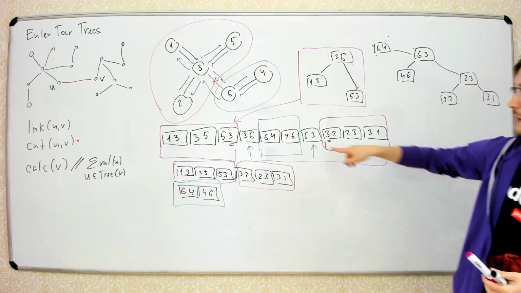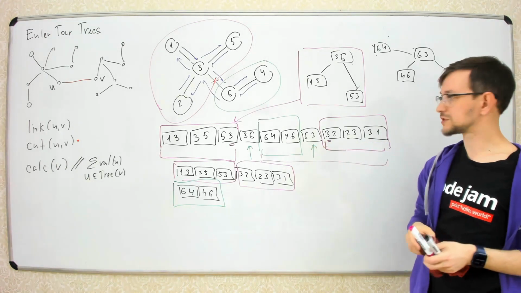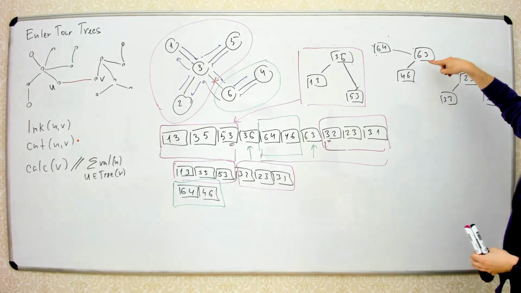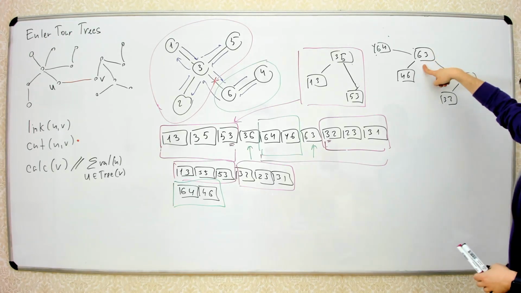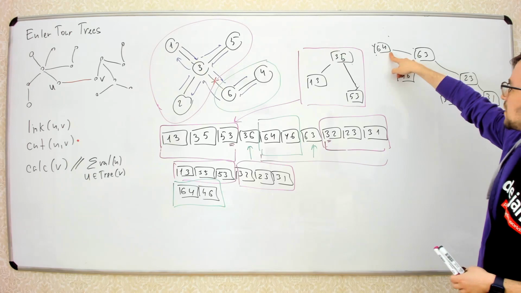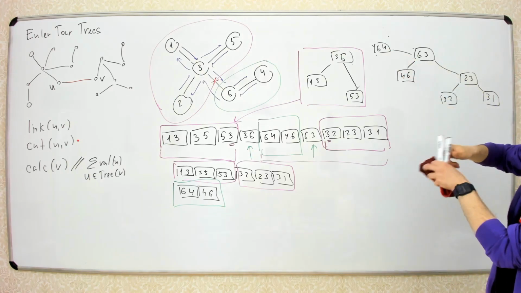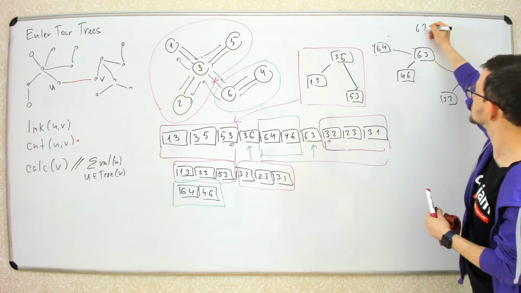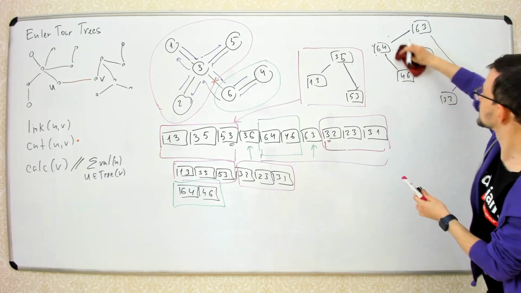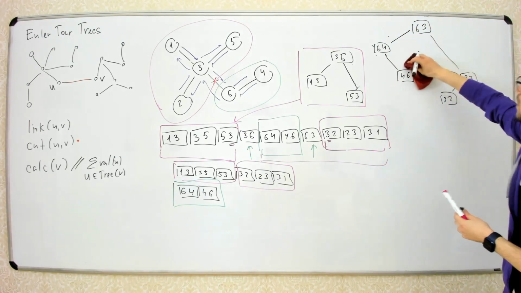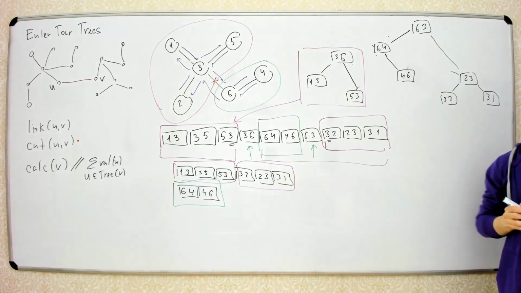Now we need to do the same with this edge 6, 3. So we splay this node 6, 3. To make the splay, we need to make one zig operation, right? So we make a zig operation here. So 6, 3 is here, with its left and its right, like this. So now 6, 3 is the root of the tree.